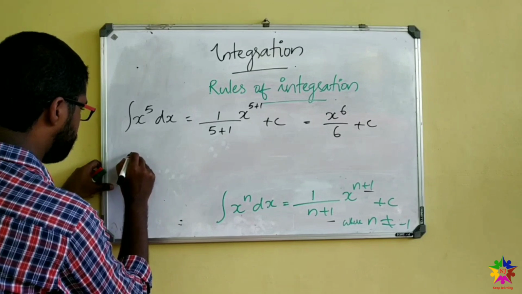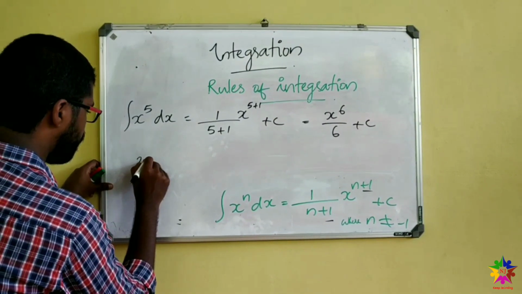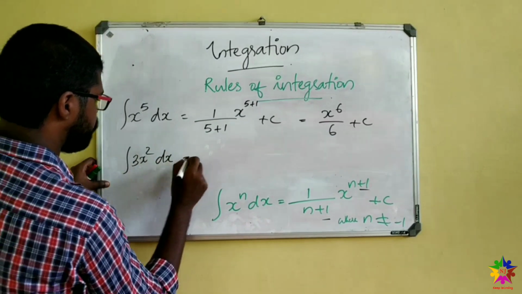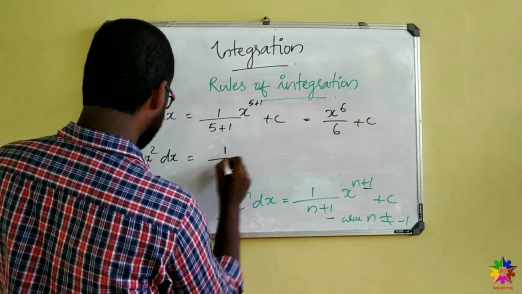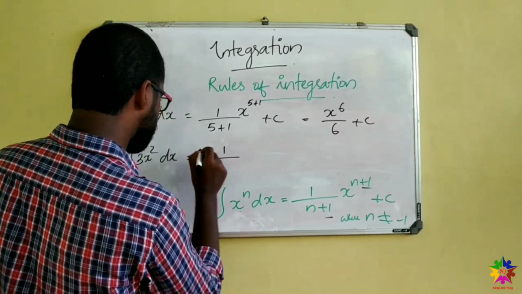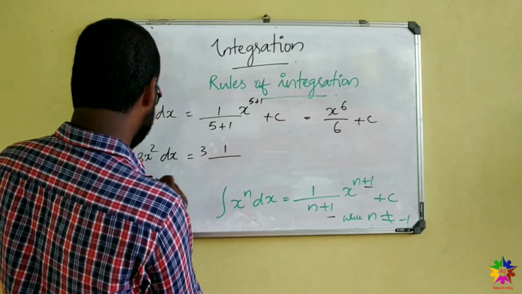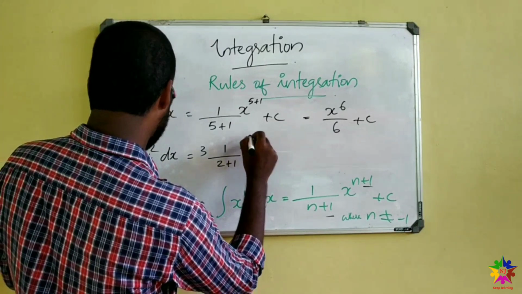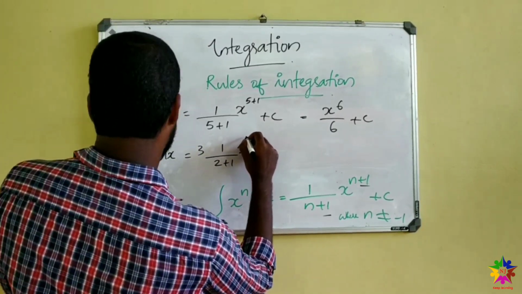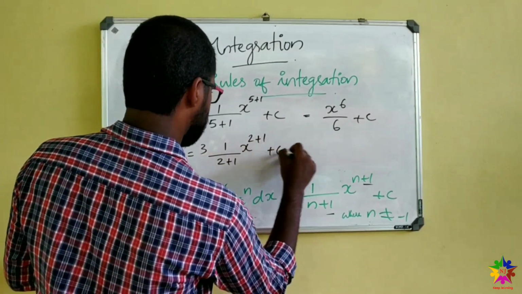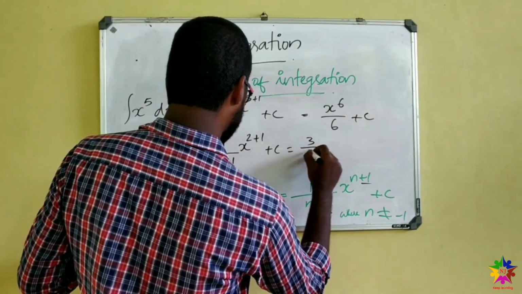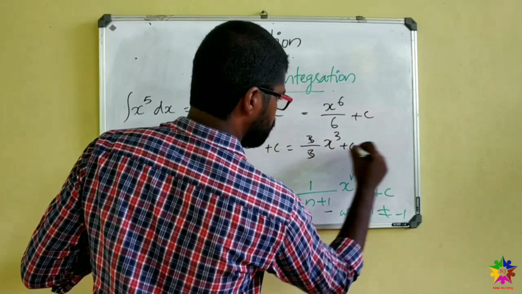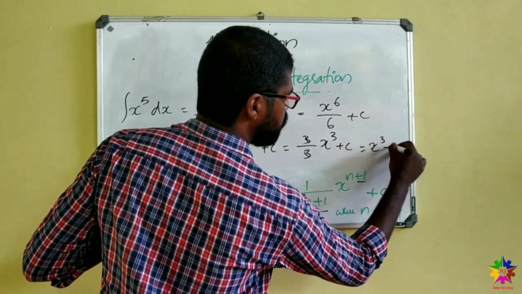Integral 3x raised to 2 dx: 3 is already there, so 3 times 1 by 2 plus 1 times x raised to 2 plus 1, so we have 3 by 3 x cubed, that is x cubed plus c.